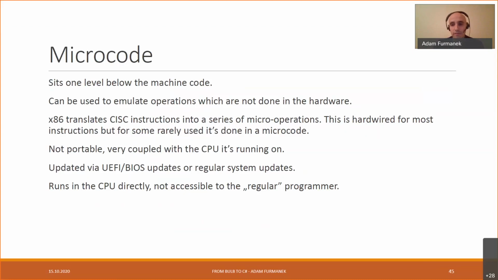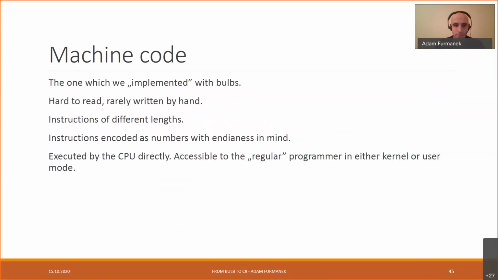This is especially visible when we have some security issues, for instance, Heartbleed or something else. The updates for the microcode of the CPU may be distributed using the regular Windows updates to enable, disable, or change how things work. And this is something we, as regular programmers, cannot touch at all in most cases. We physically cannot touch this at all.